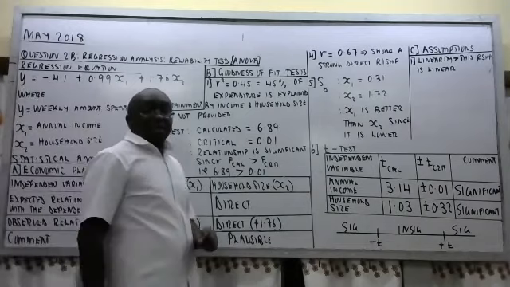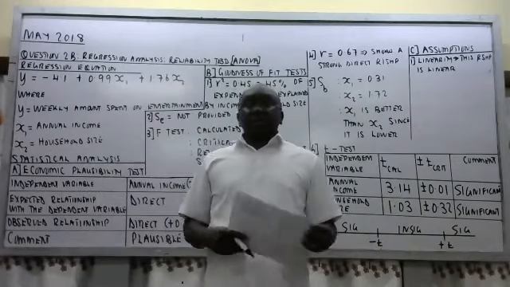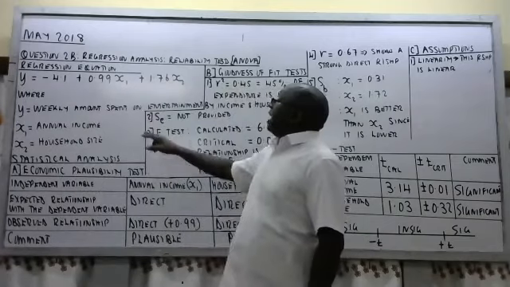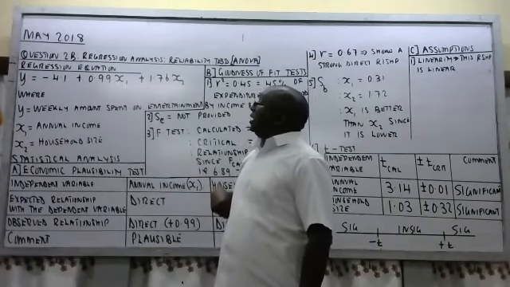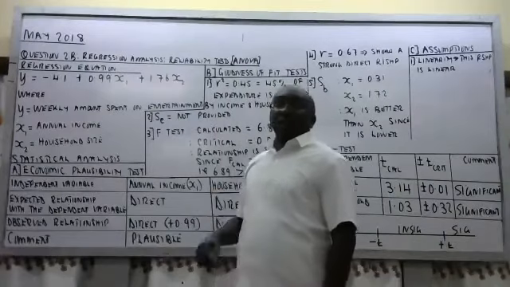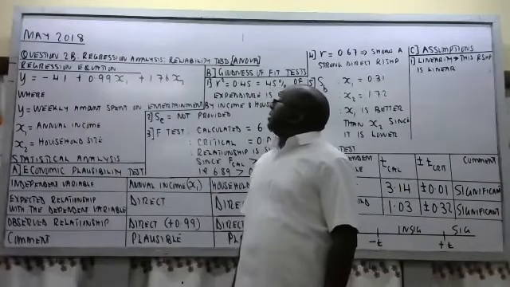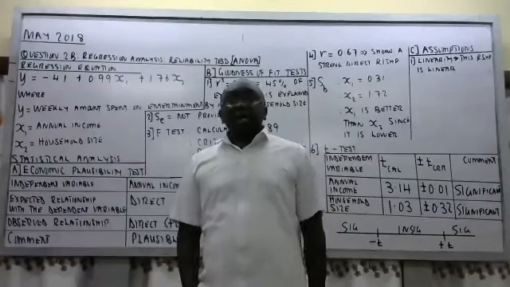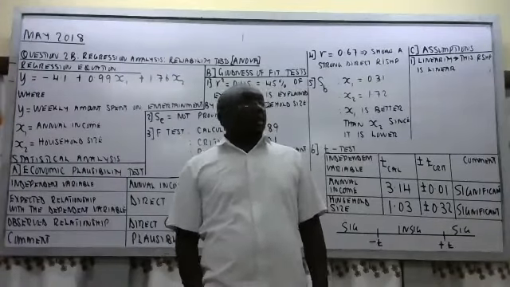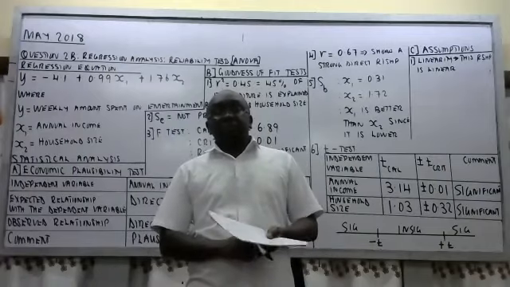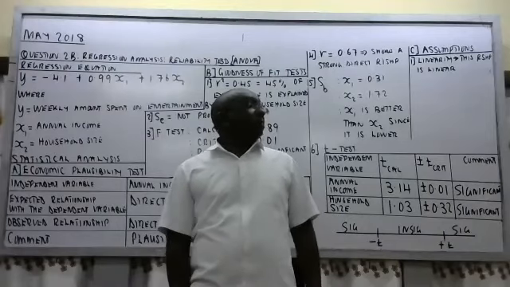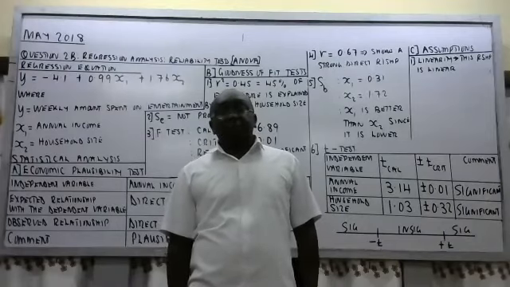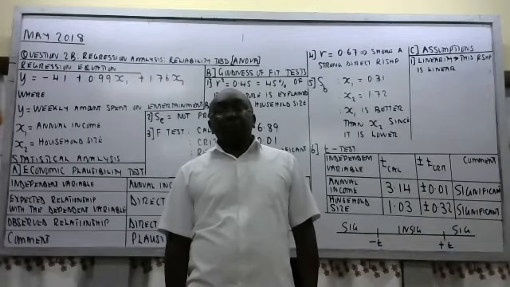The relationship is linear since the equation obtained y is equals to minus 4.1 plus 0.9x1 plus 1.76x2 takes the general form of a linear function. So I hope that is clear.